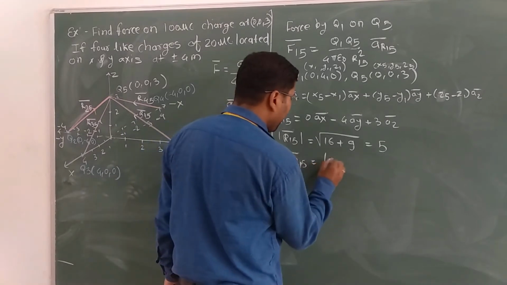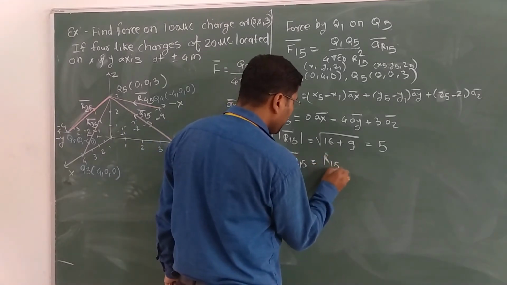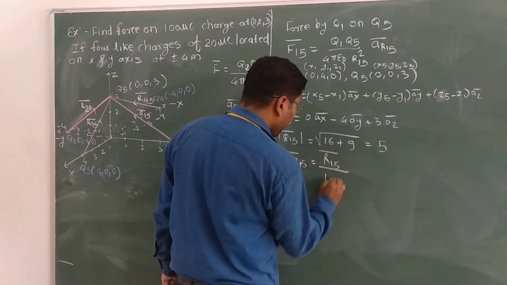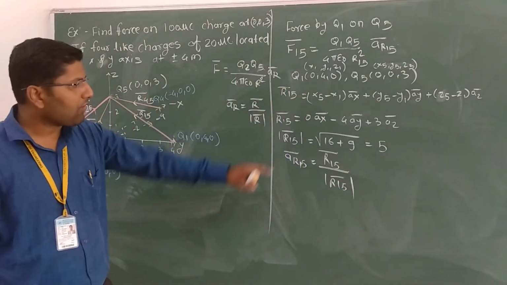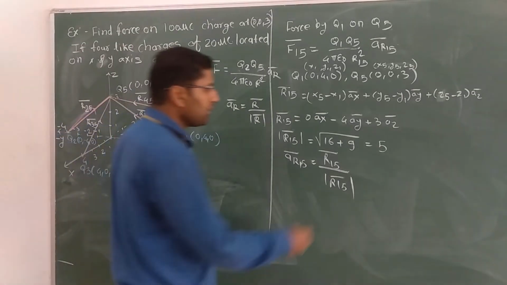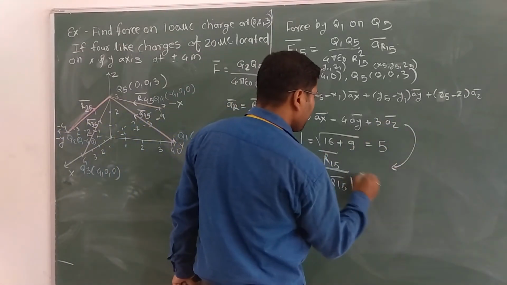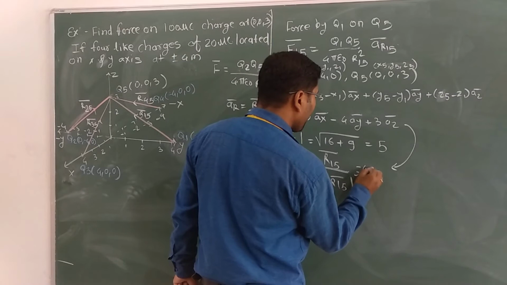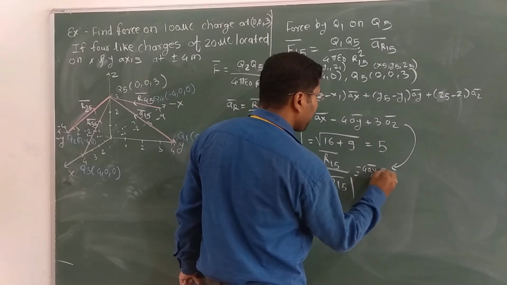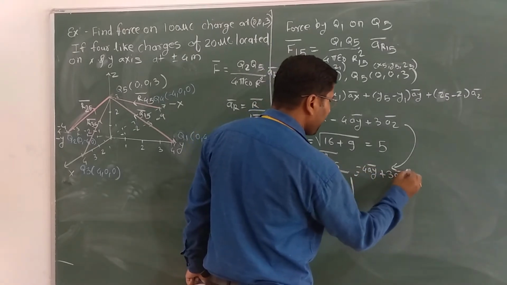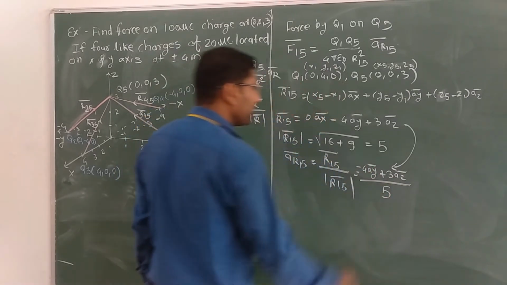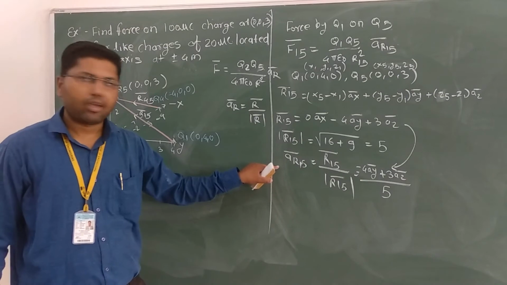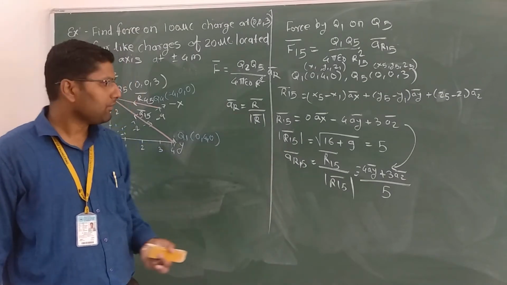Unit vector you have to calculate as R15 bar divided by mod of R15 bar. Getting it? So R15 bar we have in this equation. I will write simply here minus 4 ay bar plus 3 az bar divided by mod, that is 5. Done. AR15 bar we have calculated.